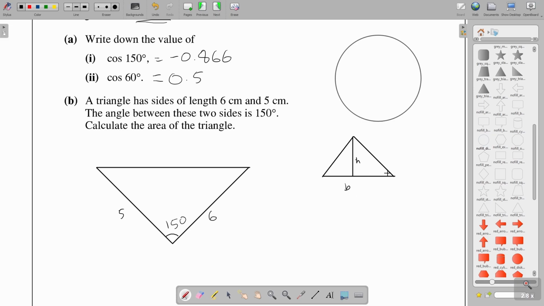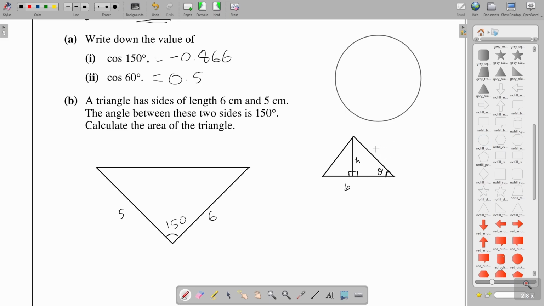If we look at this side, or this side or that side, either way, we can see this as one side of a right angle triangle, and we can take this as any angle here, but this would be 90. So what would be h?